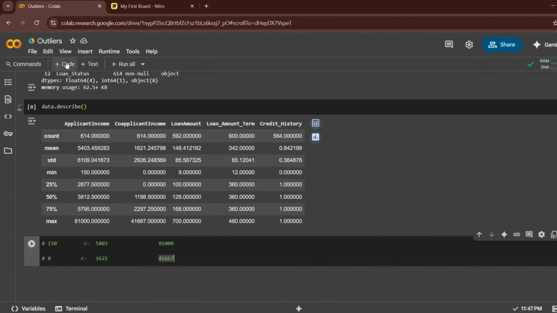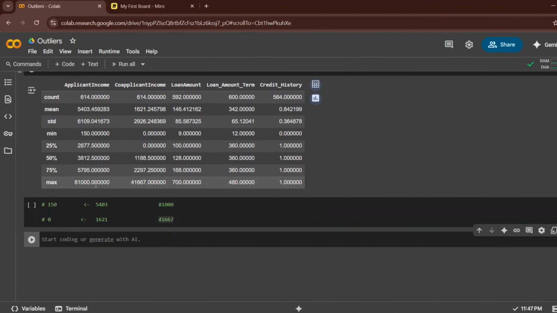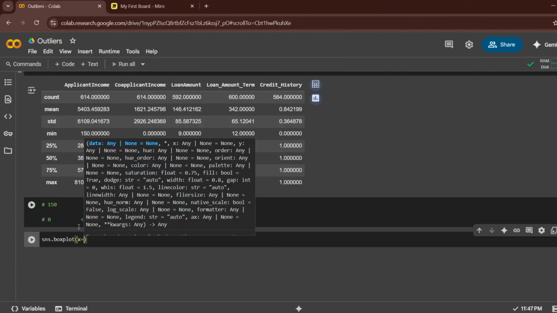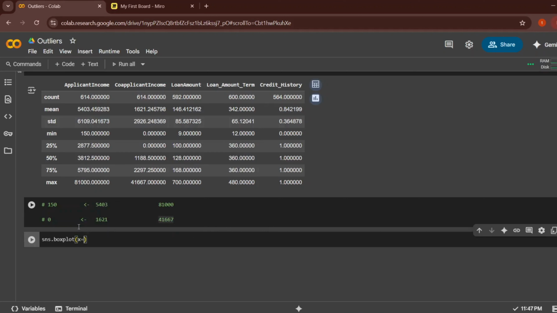Alright, there is another way that helps you detect the presence of outliers, which is by plotting the box plot diagram. Plotting the box plot diagram is actually very easy. You will write sns.boxplot. SNS stands for the Seaborn library, and within parentheses you will write the column name.